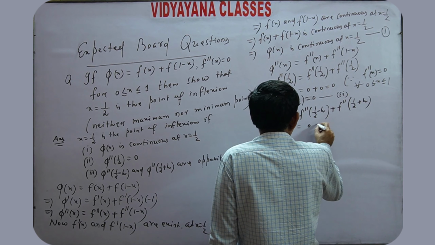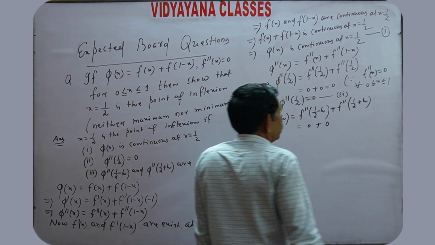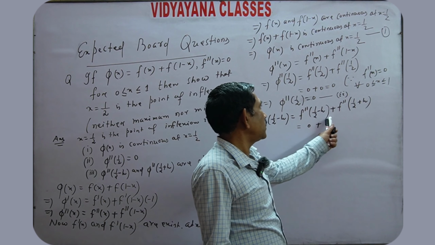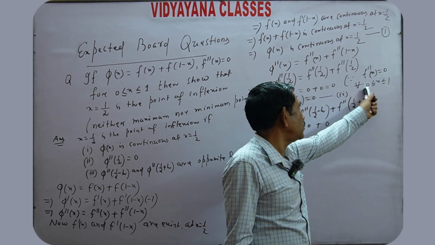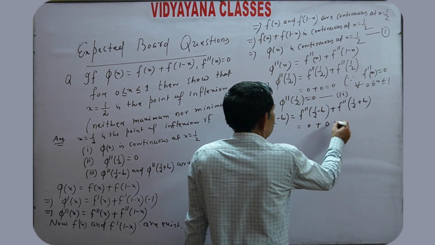This value is 0, this value is also 0, since half minus h lies between 0 and 1, which is equal to 0.